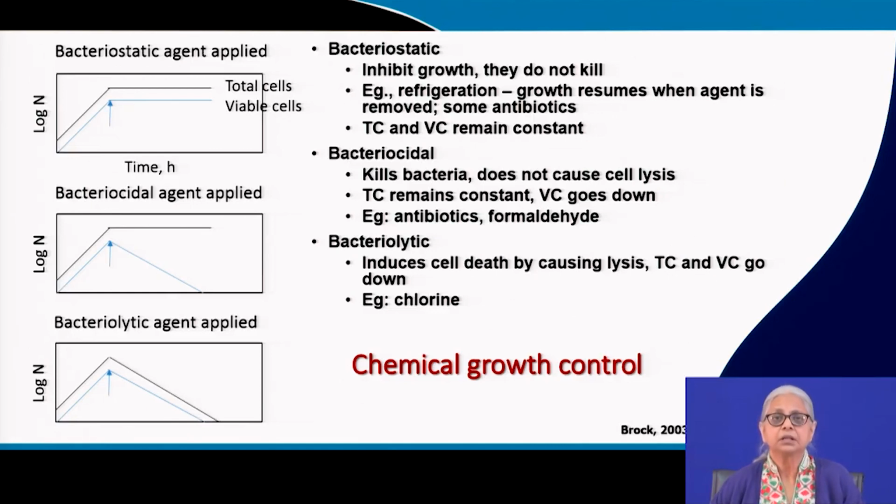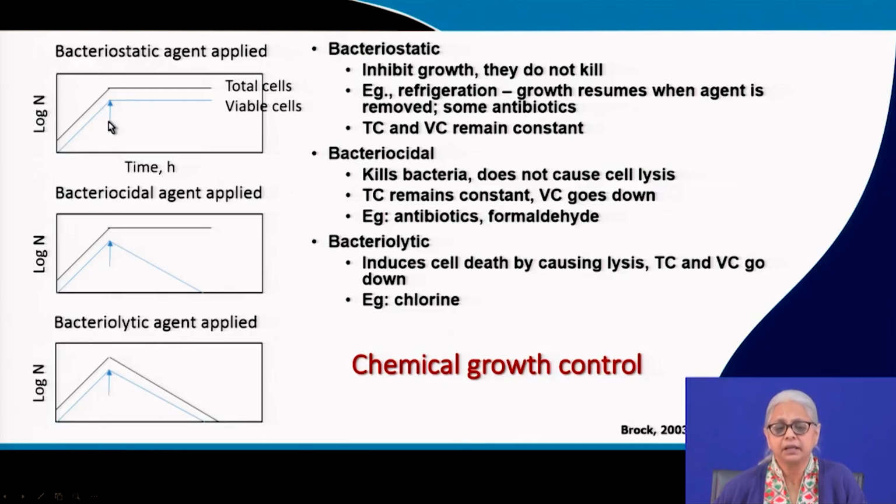Now I've already said a little bit about the fact that when you take any sample, it has a total number of cells, and the number of viable cells in that total population is going to be either equal or less than the total concentration.